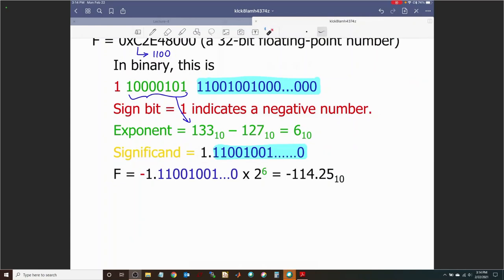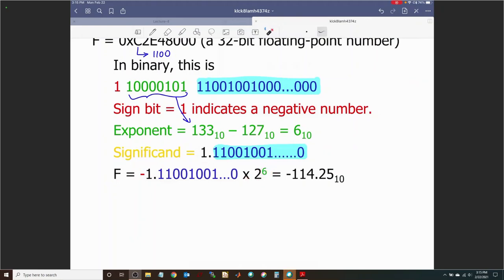Once you have that, you have the number. The number is -1 raised to sign. That's your negative 1. Significand, binary point followed by all the 23 fraction bits, in this case, multiplied by 2 raised to the true exponent, which is 6 in this case.